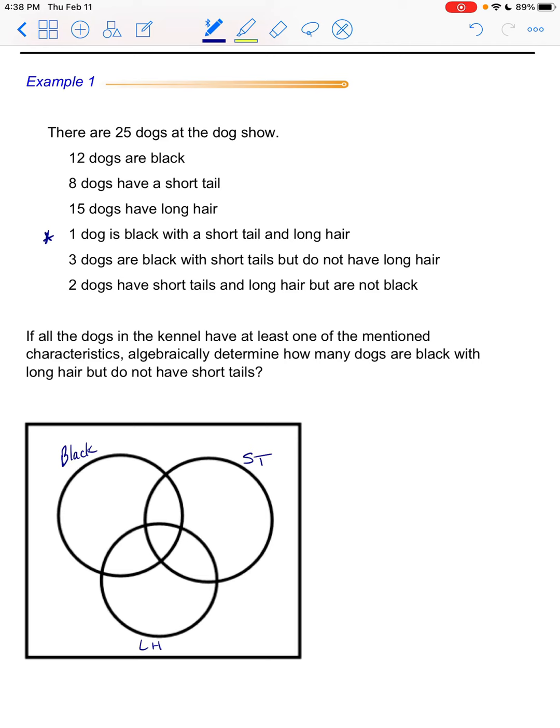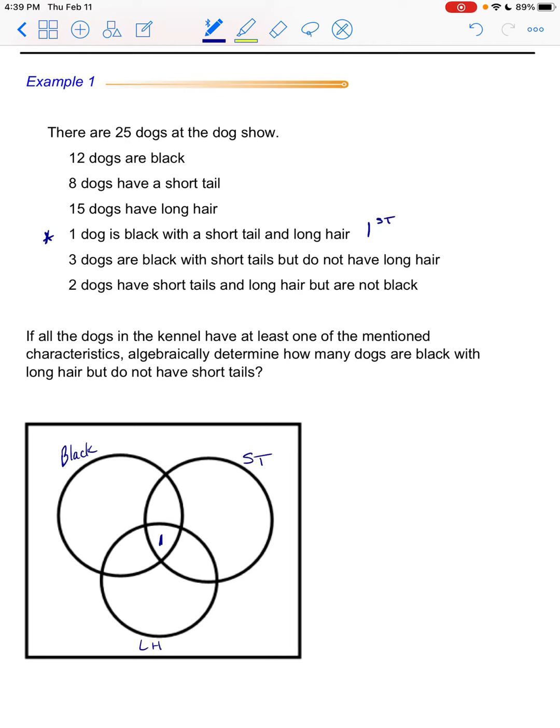So this one dog is what we should try to sort first. It's the most restrictive. So if we have short tails here on our right and long hair and the color black, that one dog would go there, right? This is the first thing to sort.